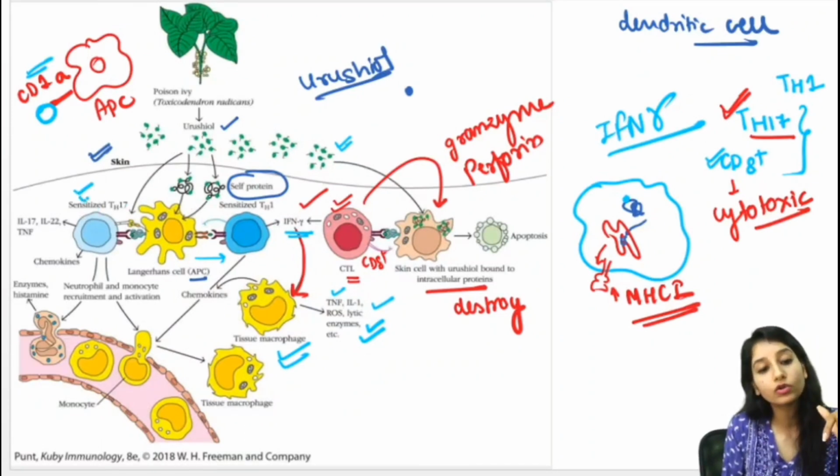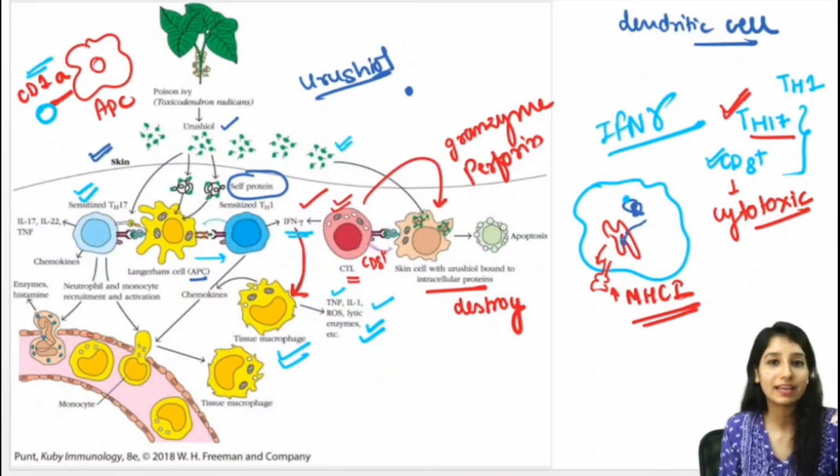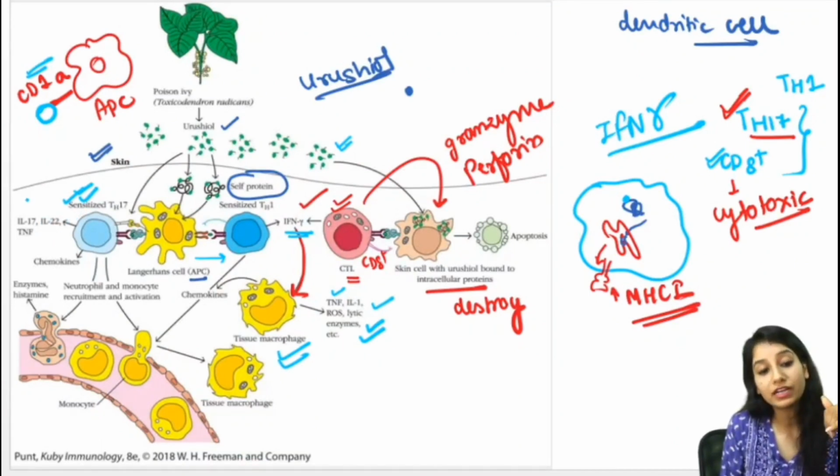This will be shown to the Th17 cell, due to which this Th17 cell will become activated or sensitized. It will start to release cytokines like interleukin 17, interleukin 22, and TNF.